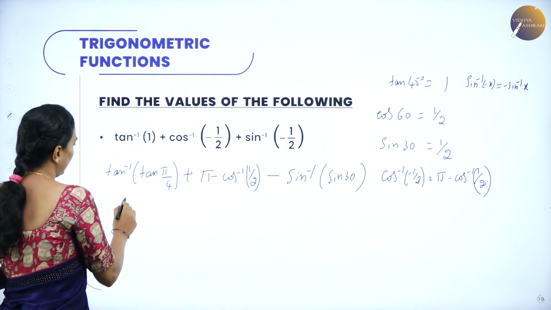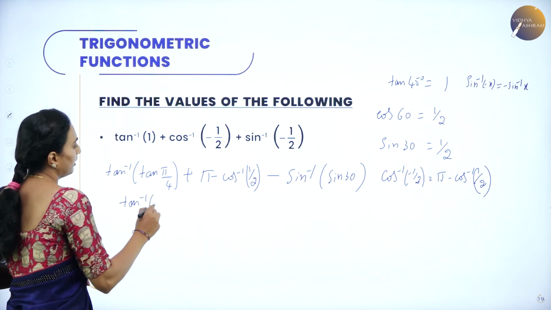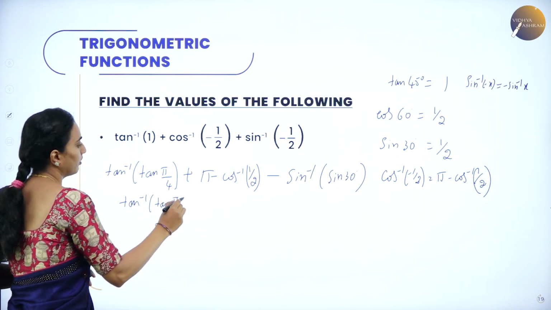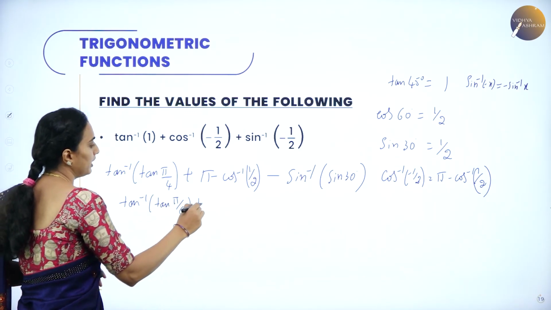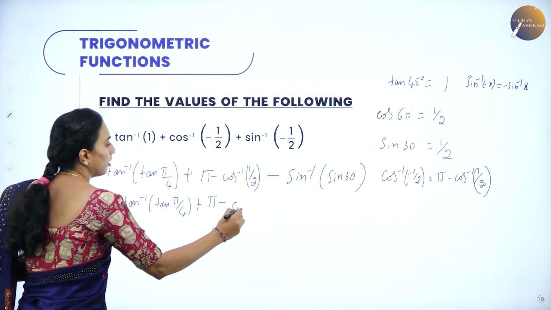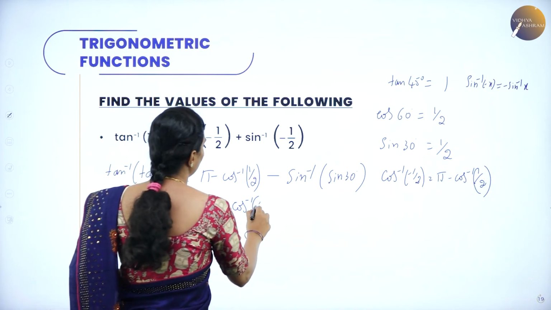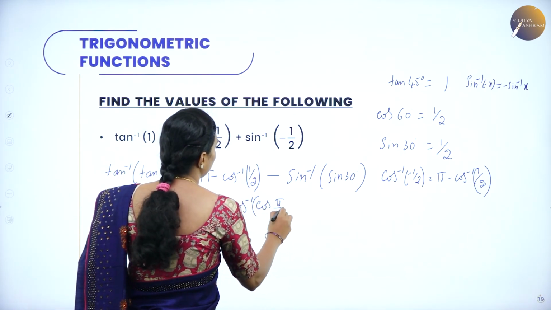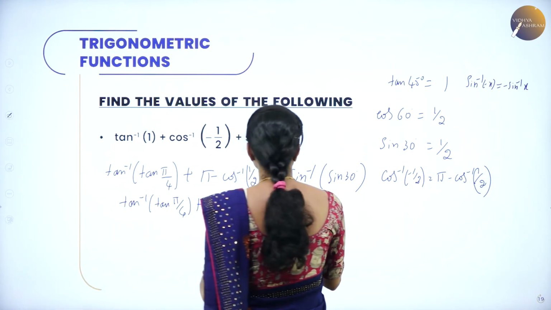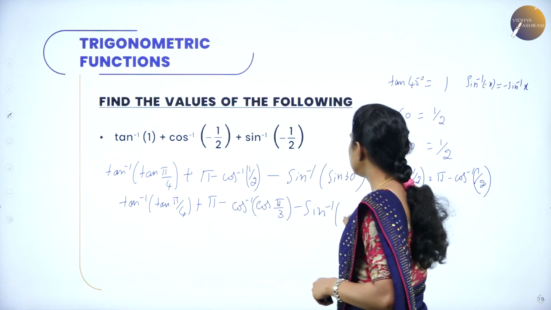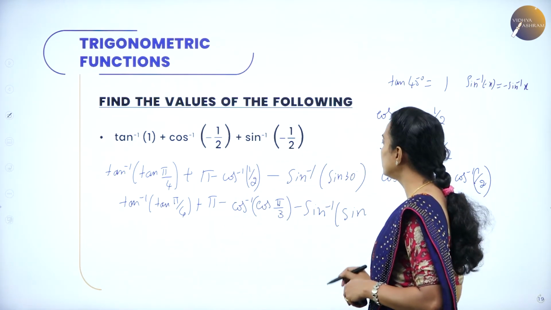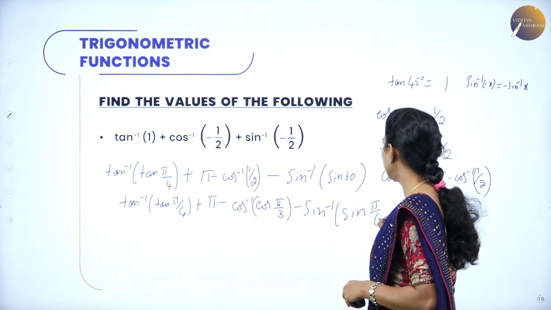So tan inverse of tan pi by 4 plus pi minus cos inverse of cos 60 degree, that is pi by 3, minus sin inverse of sin 30 degree, which is pi by 6.